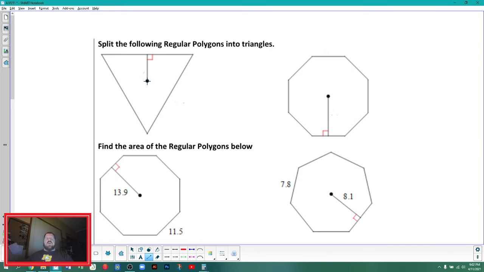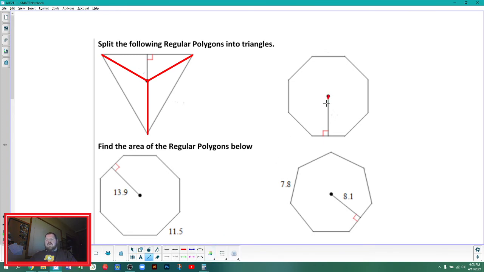So whenever I draw a line from here to one of the vertices, all these lines are going to be the same length. For this one, I just want to draw these 3 lines. Let me bump that one over a little. There we go. So we had a triangle, and we split it up into 3 triangles. Might seem kind of ridiculous, but it's useful.